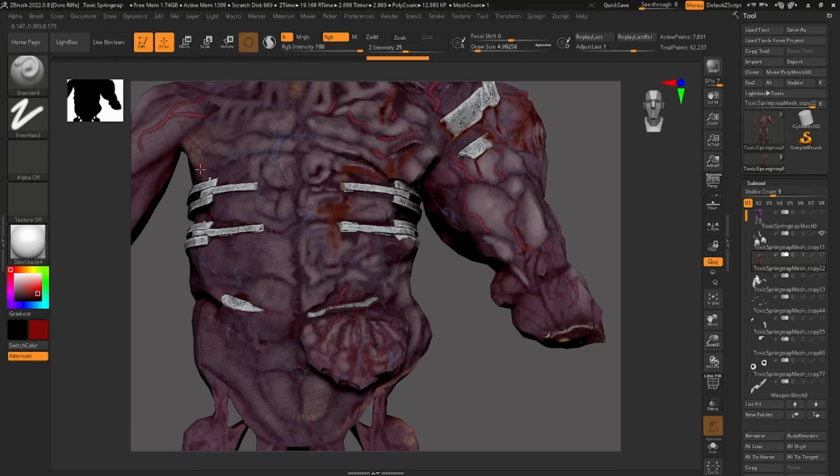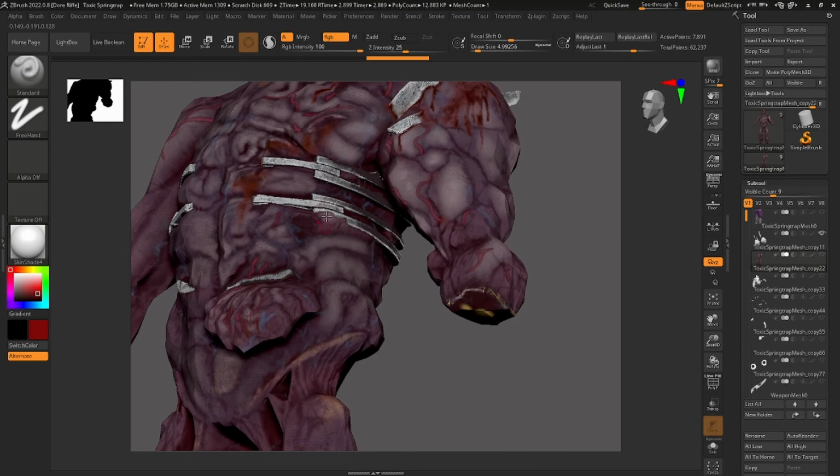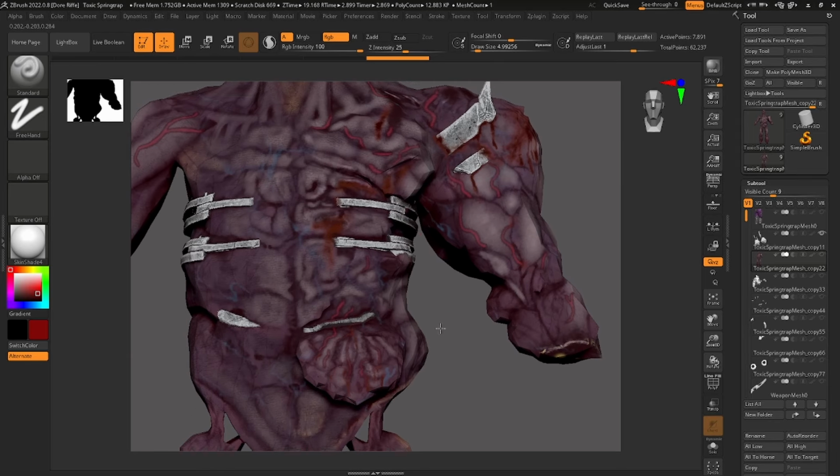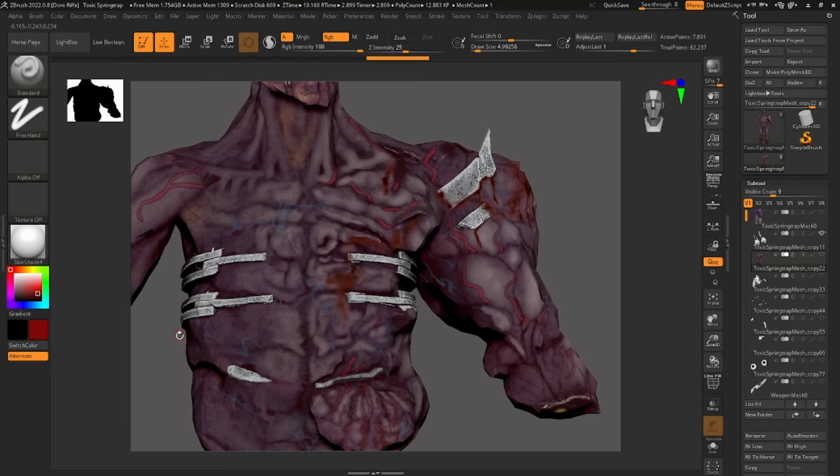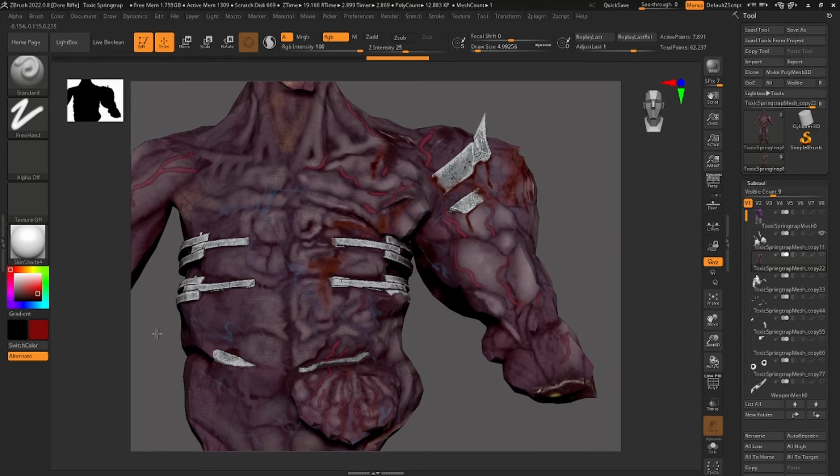The upper ones are getting there. You can see where it's starting to take over this spring lock. It's kind of hard to see because it's such a cancerous, tumor-looking mess on him.